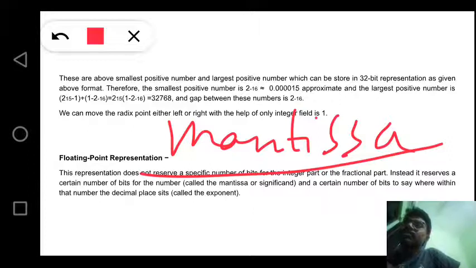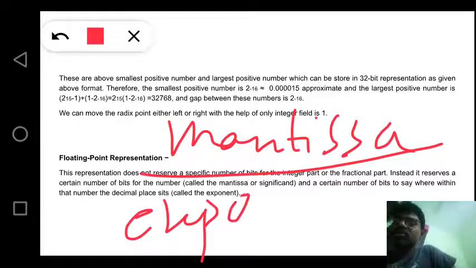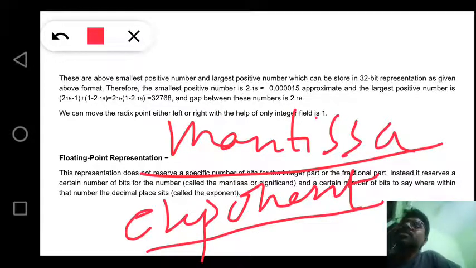A certain number of bits for the number called mantissa or significant, and a certain number of bits to say where within the number the decimal place sits, called exponent. So these are the two different terms that everyone must understand.